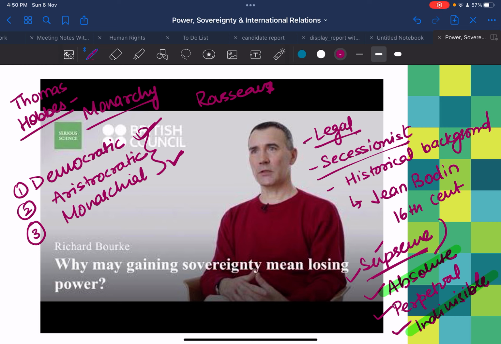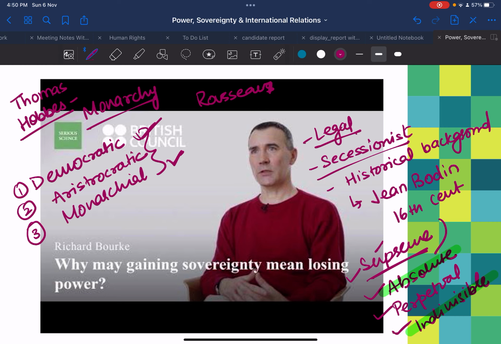So what you need to understand is that a government or country can have any form of government. Sovereignty is perpetual, it resides in whichever form of government that country is having.